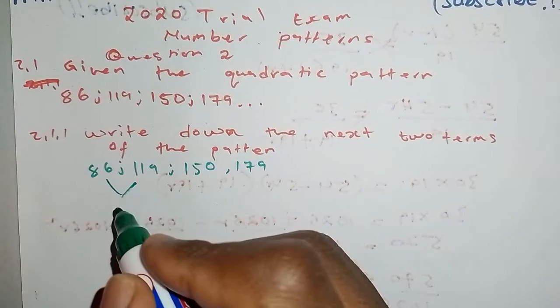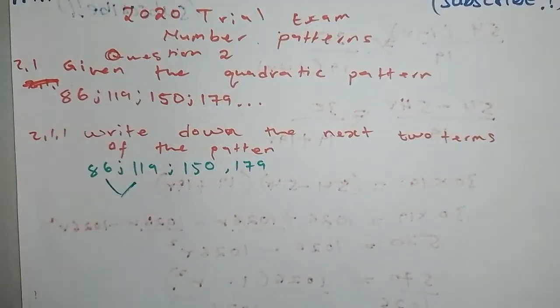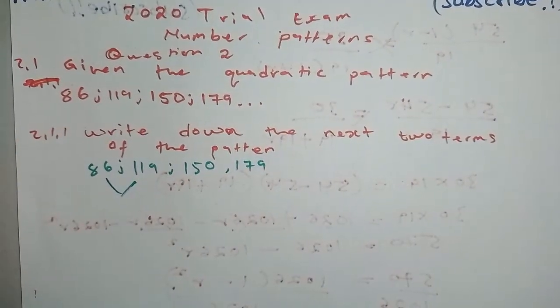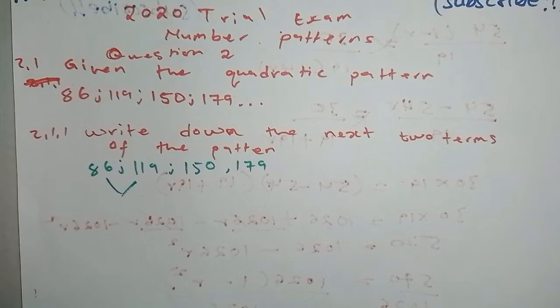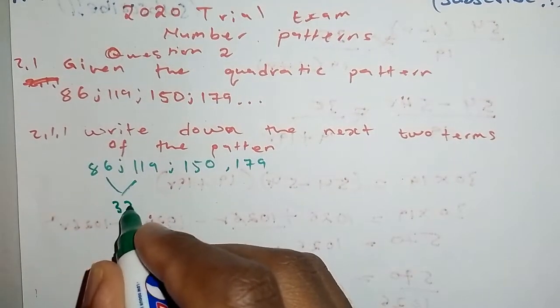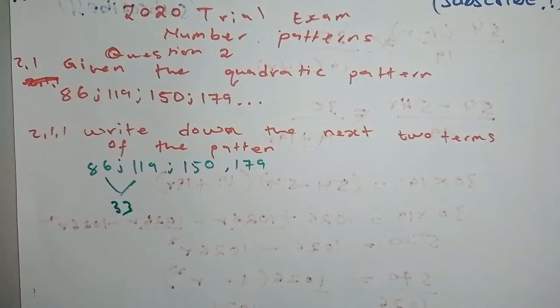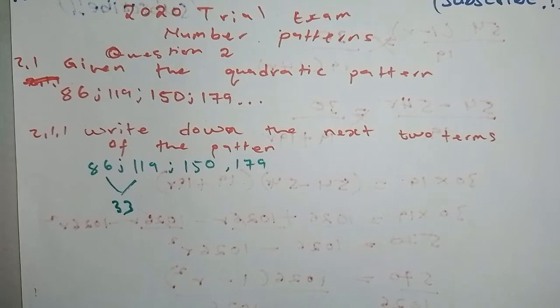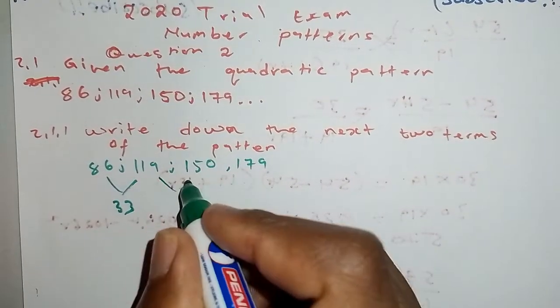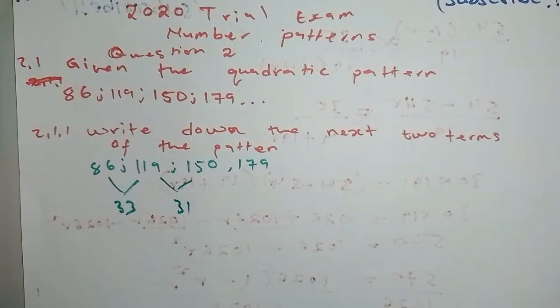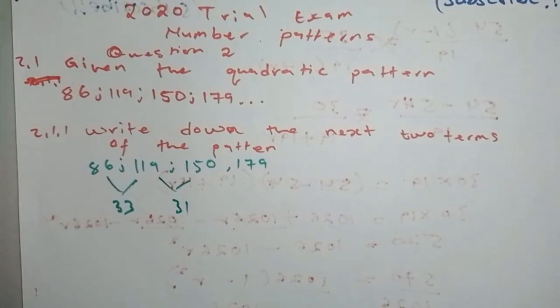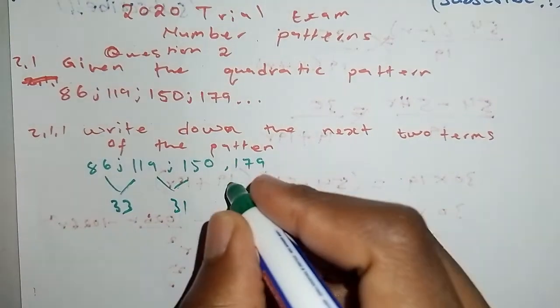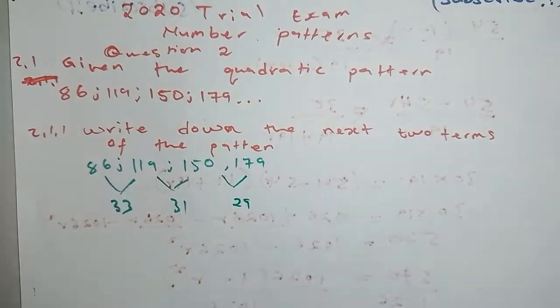The first common difference: 119 subtract 86 gives me 33, then 150 subtract 119 gives 31, and 179 subtract 150 gives 29.